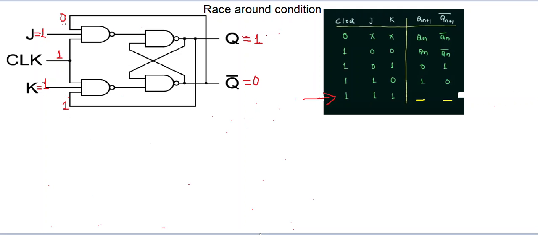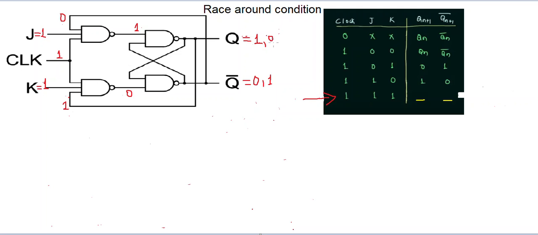So we have 0, 1, 1. Since it is a NAND, it becomes 1 over here. And it is 1, 1, 1. Since it is a NAND, it becomes 0 over here. Since this is an SR NAND latch, when the input is 1 and 0, the output becomes 0 and 1. So you see the output changes from 1 to 0.